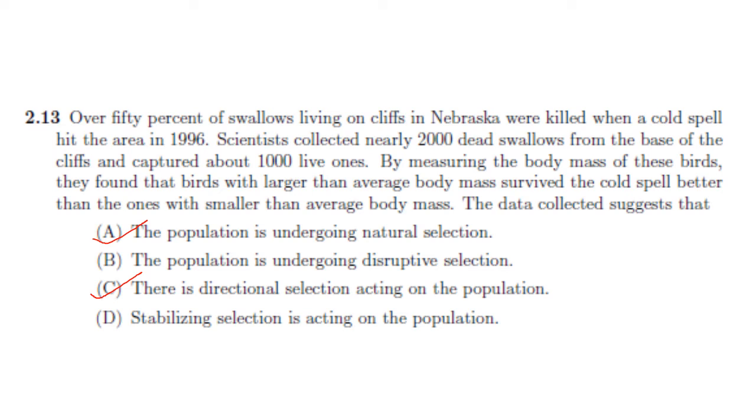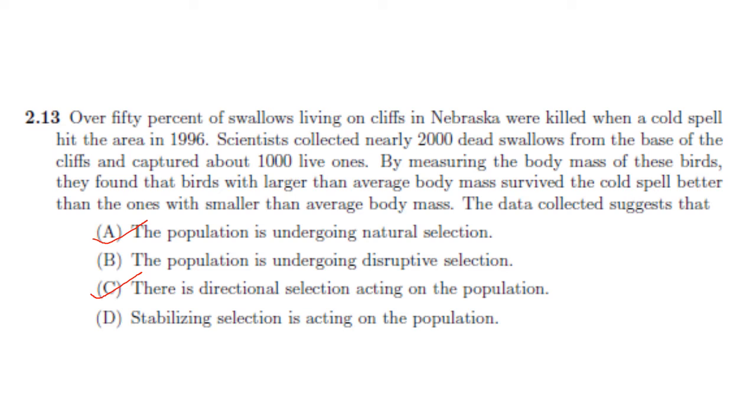Then, there is directional selection acting on the population. Yes, because it is selecting only one of the species, not the other one. That is, it is selecting only the birds with larger than average body mass rather than birds with smaller than average body mass. So it is selecting only one species, so it is directional selection.